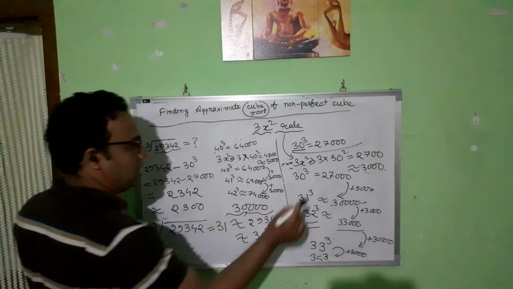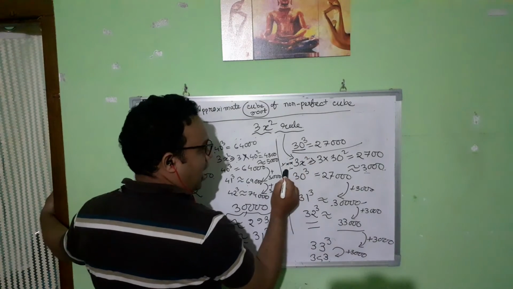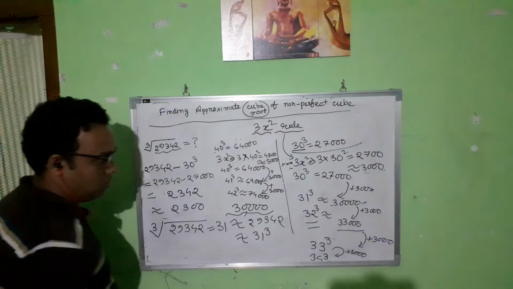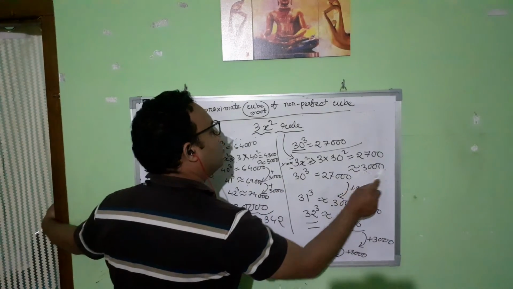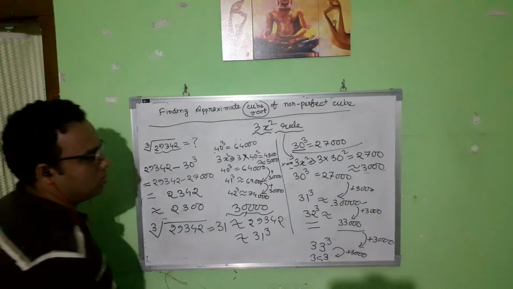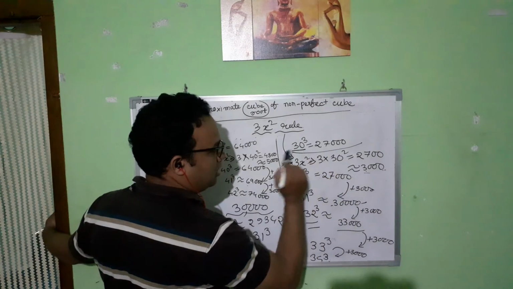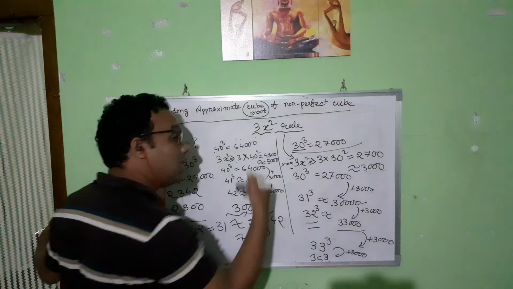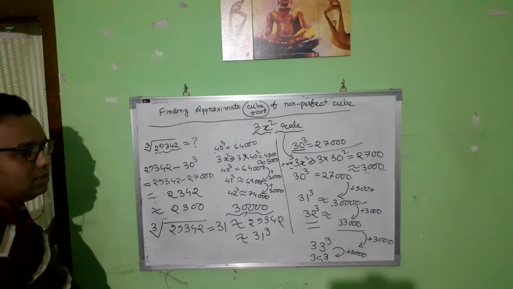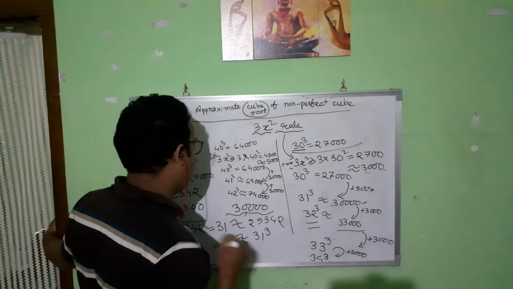So first I take this 30 cube and then I calculate 3x squared for 30 cube. I have already calculated it, that is almost 3000. So if I add 3000 to 30 cube, I will get 31 cube. If I subtract 3000 from 30 cube, I will get 29 cube. And the process goes on.